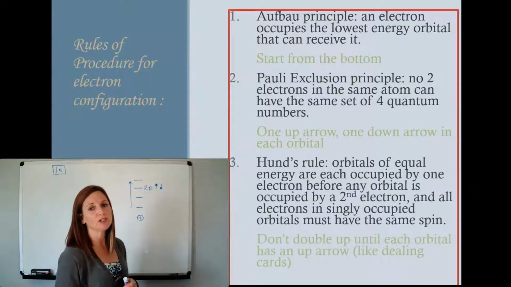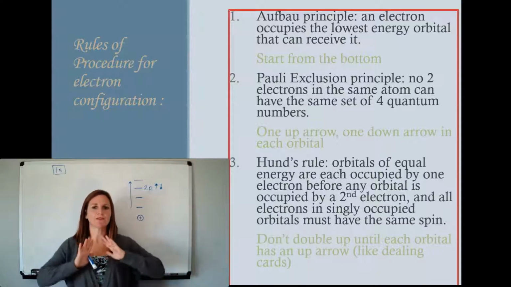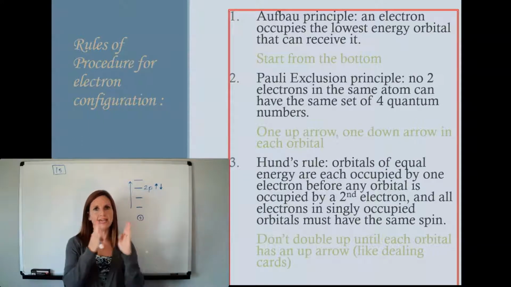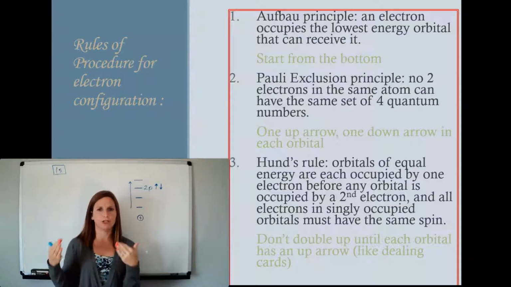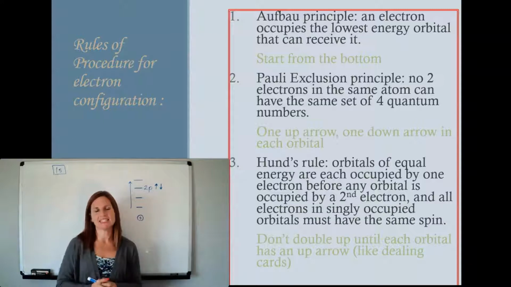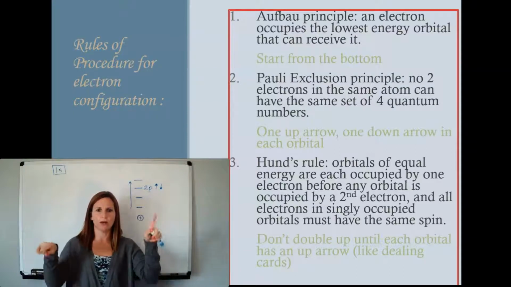The last rule is Hund's rule, and Hund's rule says that electrons want to fill 1 into every orbital at the same energy level before they put in 2. I always think of this as like beds in a hotel, okay? If you were traveling with a sports team, or traveling with your siblings, and you were going to stay in a hotel, if there are 2 queen beds in the room, you guys are going to sleep in each of those beds, right? 1 and 1.